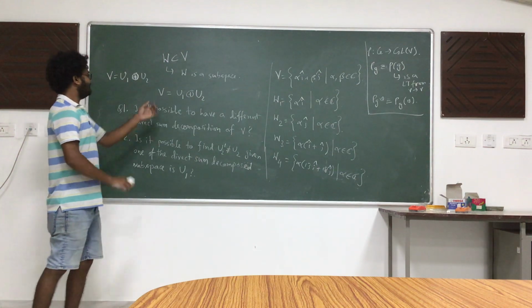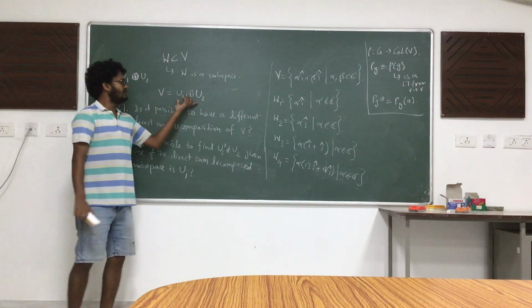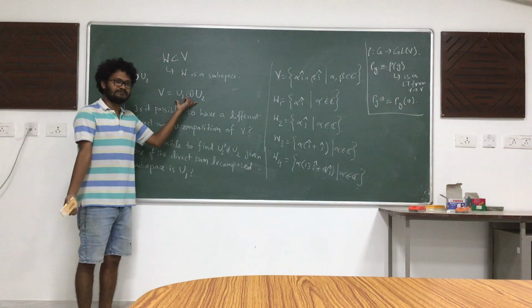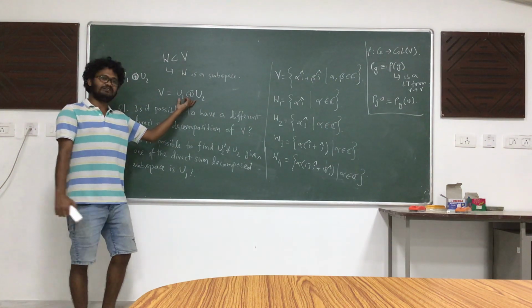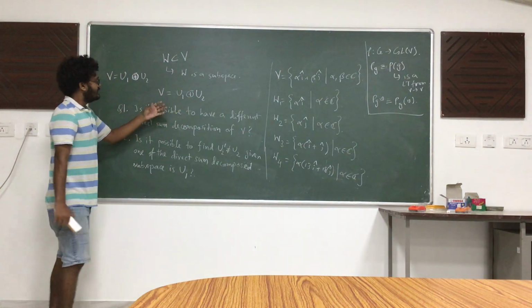So let us say we have already direct sum decomposed V into two subspaces U1, U2.